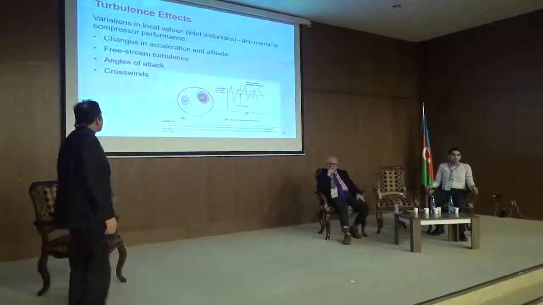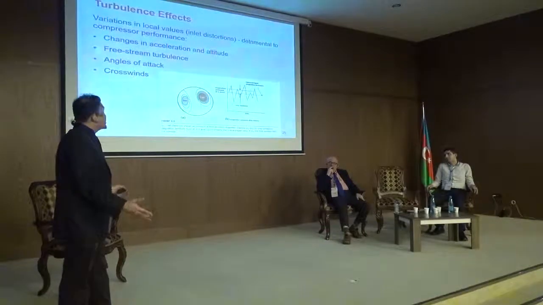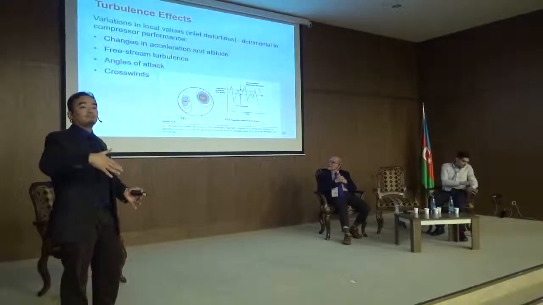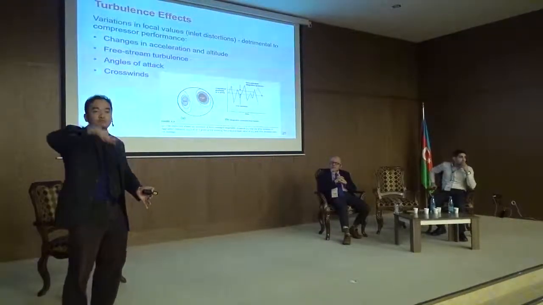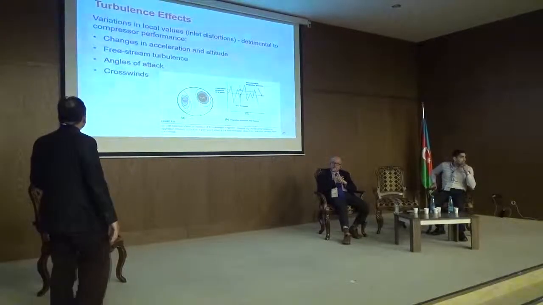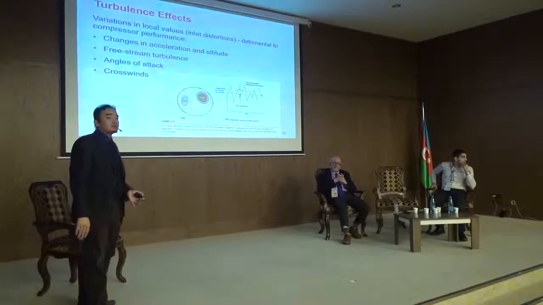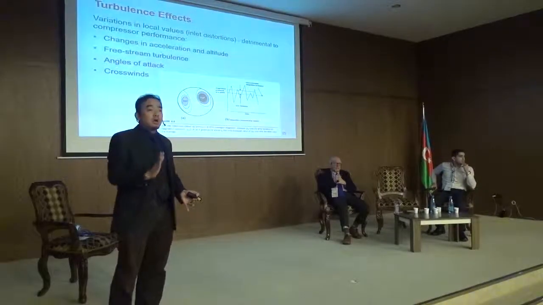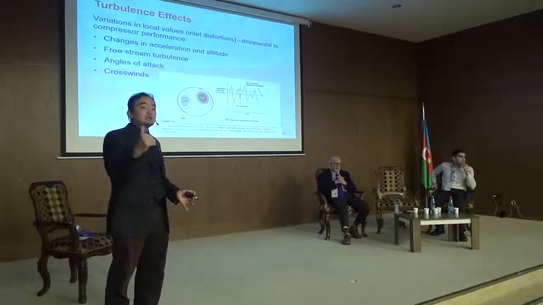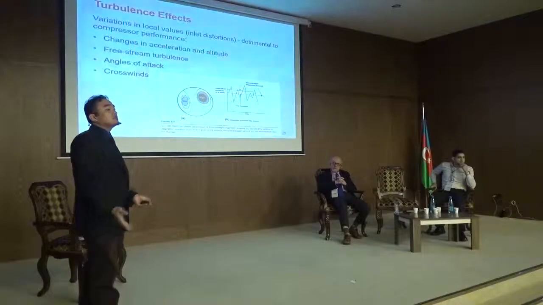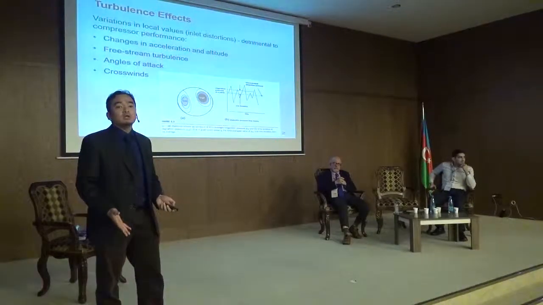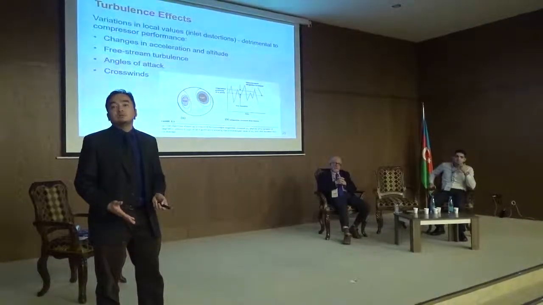These are due to changes in acceleration and altitude, free stream turbulence, whether you have a calm flow or variations in the winds, the angles of attack, for example, if there is any turbulence or clouds during takeoff and landing. So this all affects the performance of the jet engine, and that needs to be taken into consideration.